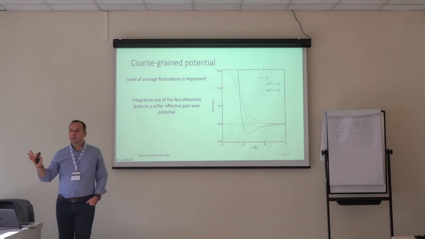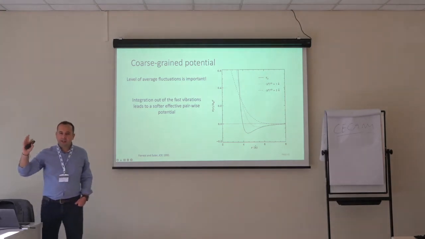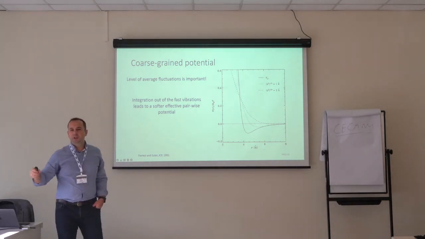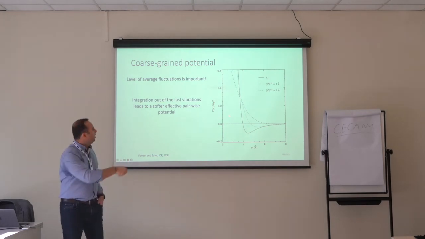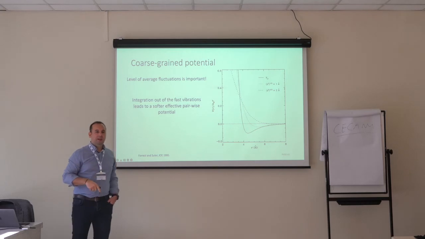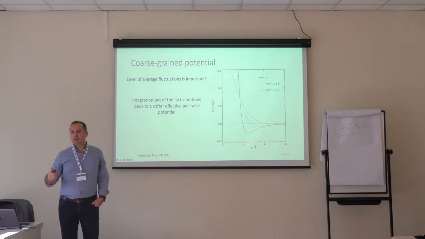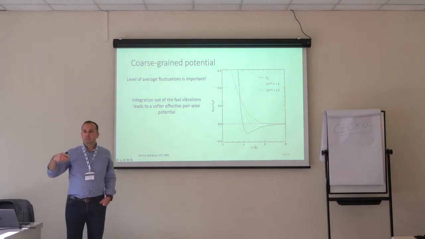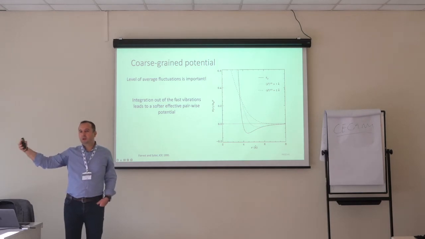That is the key intrinsic and nice feature of coarse grain simulations. You lose atomistic detail, but you end up with a much simpler, yet much more versatile type of potential, which leads to much faster equilibration times.